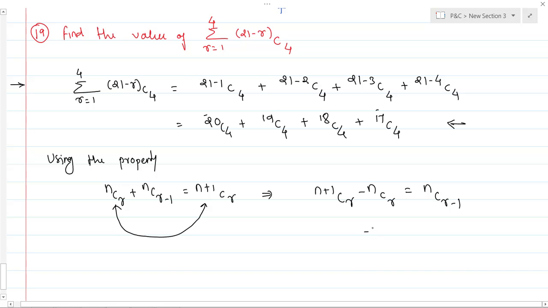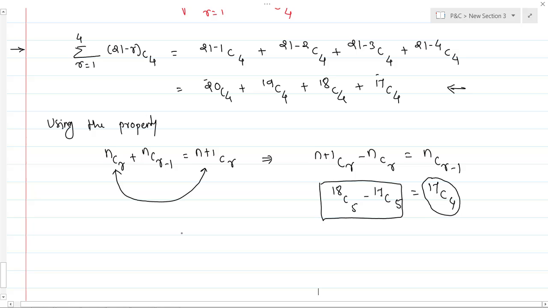So 18C5 minus 17C5 is equal to what? 17C4. Is it okay? Now what we have to do is, this 17C4 can be written as 18C5 minus 17C5. So let's write down that part.